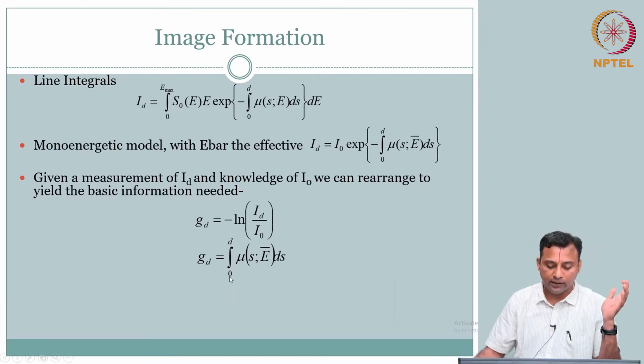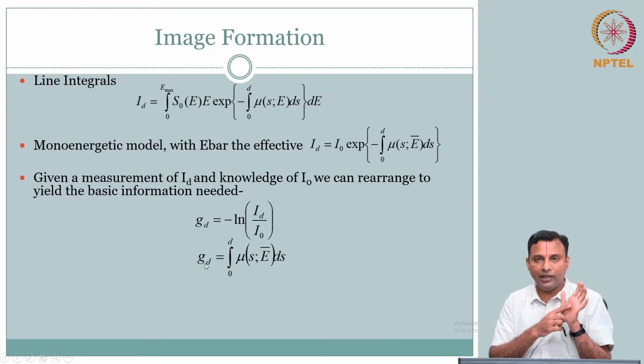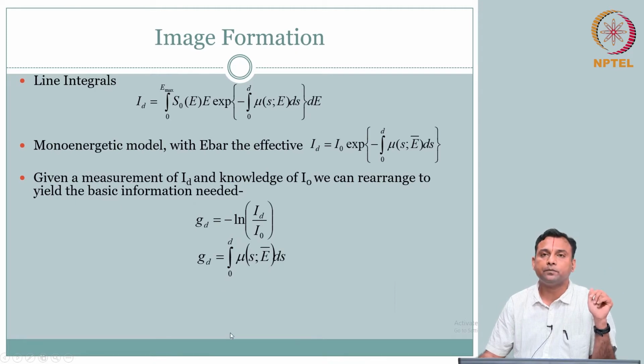This is the measurement falling on the detector, and you have a calibration factor. So you can measure this quantity, GD. This is an estimate. What is that capturing? It is an estimate of the line integral. What you are measuring in the detector is nothing but a line integral of the attenuation values along the line 0 to d. Good.